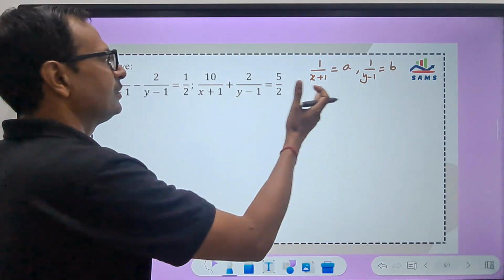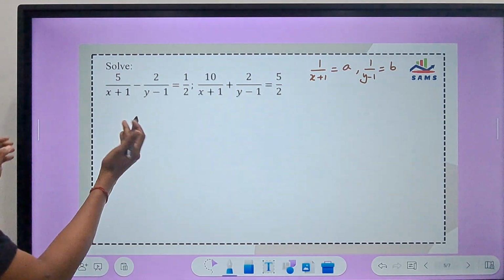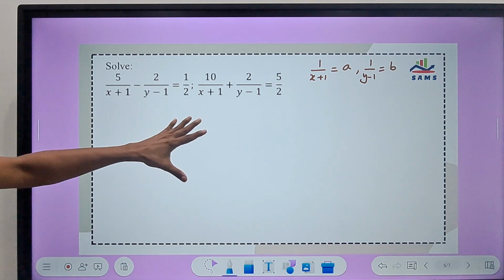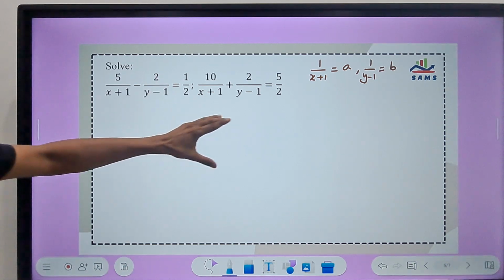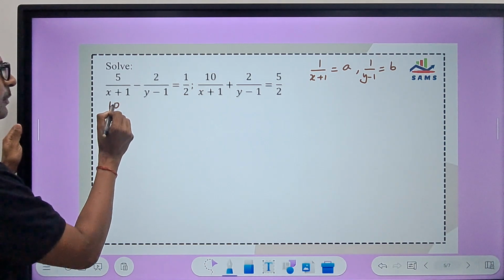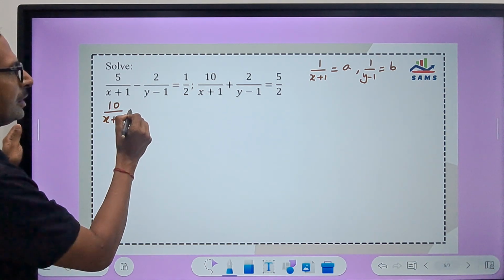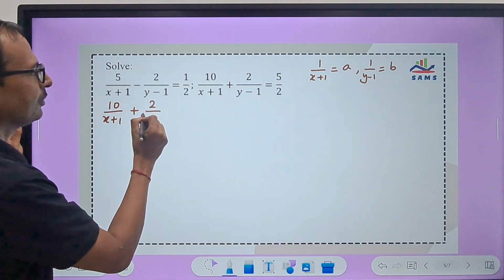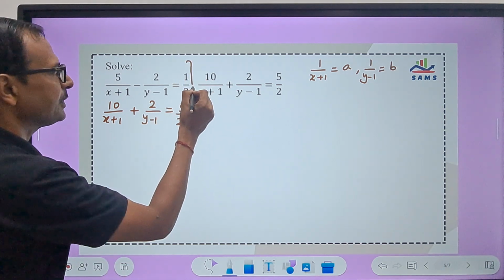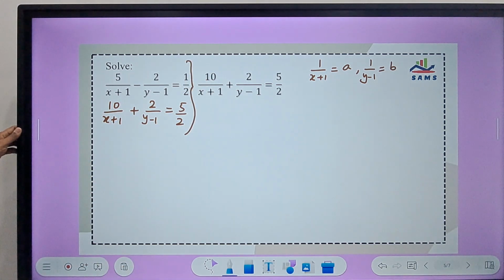Okay, but again, I insist that you can still apply the method of elimination directly without having to put a and b. So let's write this equation here: 10 upon x plus 1 plus 2 upon y minus 1 equals 5 by 2. Now this is the pair of equations which I have to tackle now.